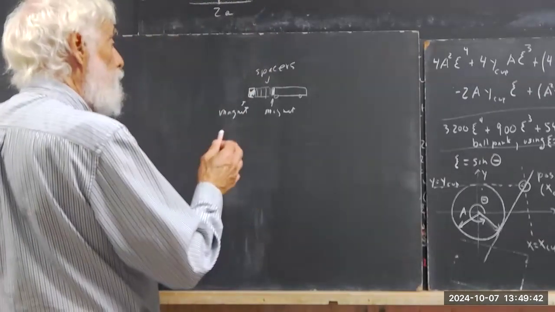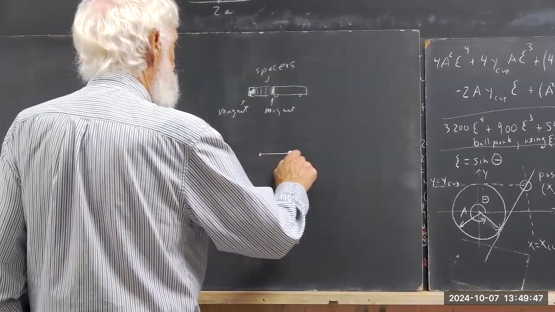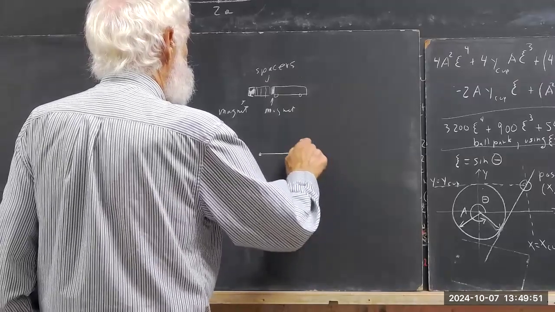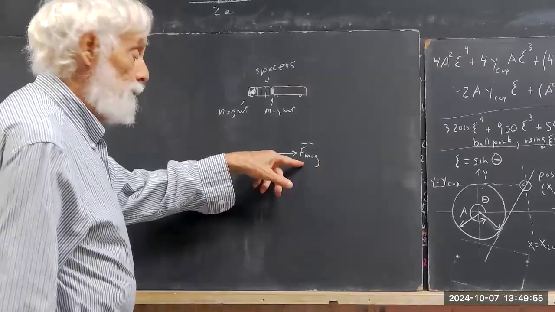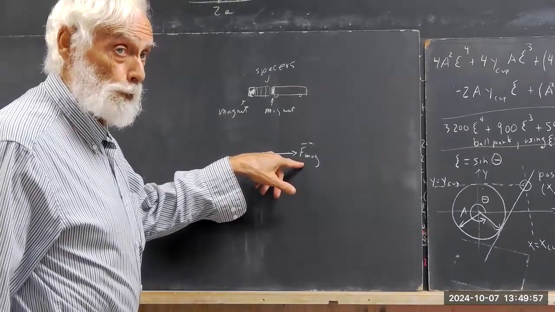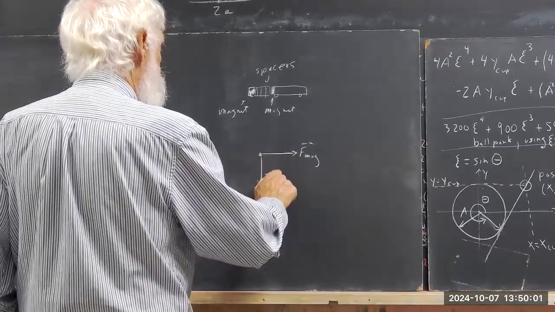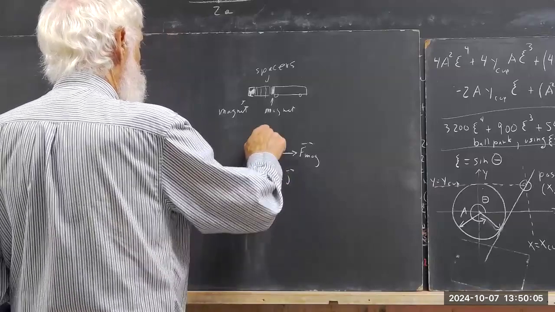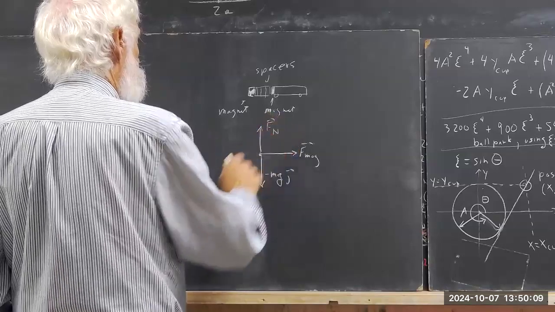And at the instant just after release, a lot of people use repulsion, that's fine. But there's the force of the magnet, right? There's a magnetic force. You have negative mgj here, and you have the normal force here.